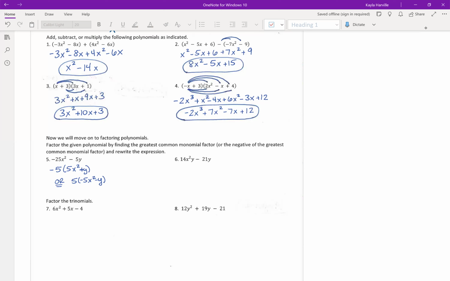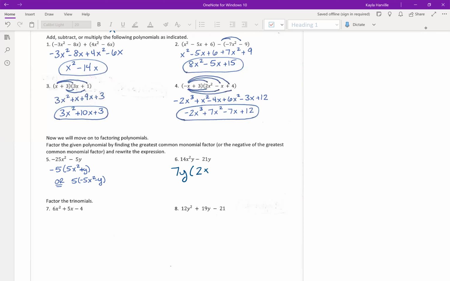So let's see with number 6 what happens. 14x squared y minus 21y. Well, the 14 and the 21 both have a 7 in common, and x squared y and y have a y in common. So 14 divided by 7 is 2.